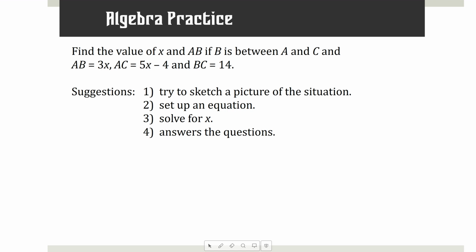And then when you get your equation set up, solve for x and see what you get.